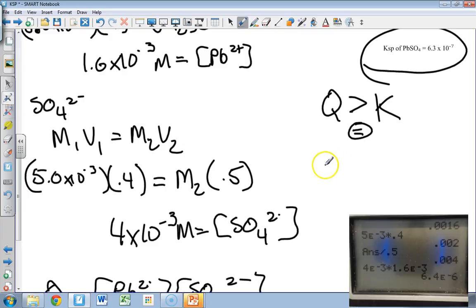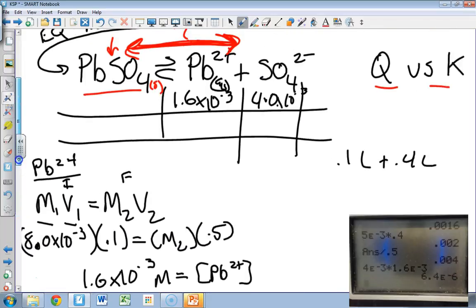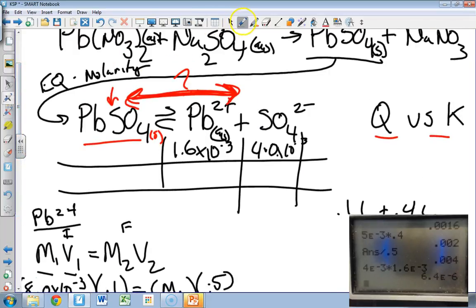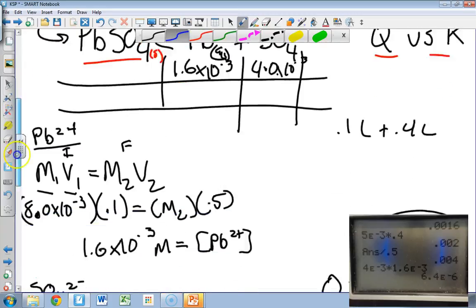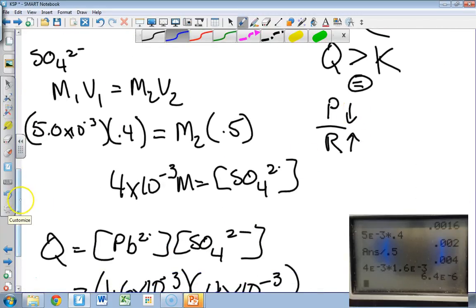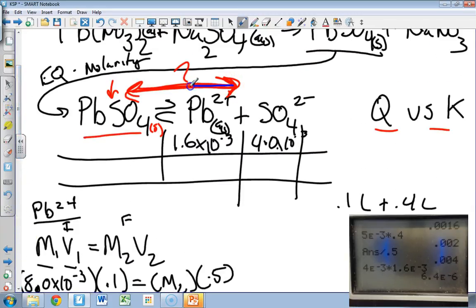In order for Q to get smaller, let's look at products over reactants. That means the products have to decrease and the reactants have to increase. So the reaction is going to shift in this direction. If it shifts in this direction, it's going to form a precipitate. So this reaction will precipitate.